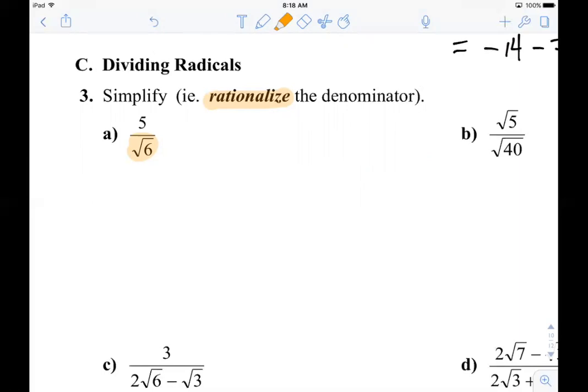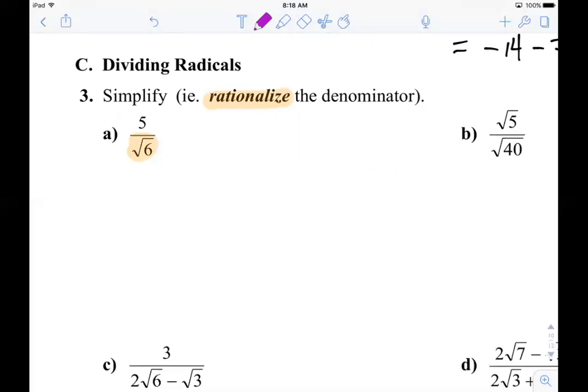So we need to try and find a way to rewrite this overall fraction without a square root of 6 in its denominator. So we do something called rationalizing the denominator. And here's the little trick. Remember that this is like a fraction, and I can always multiply a fraction by 1.